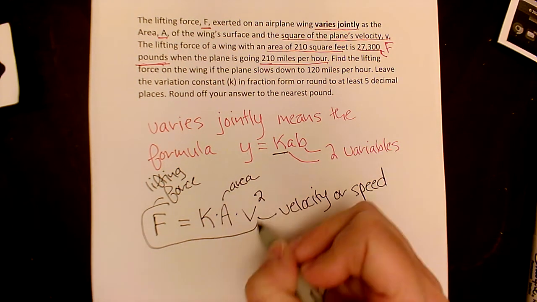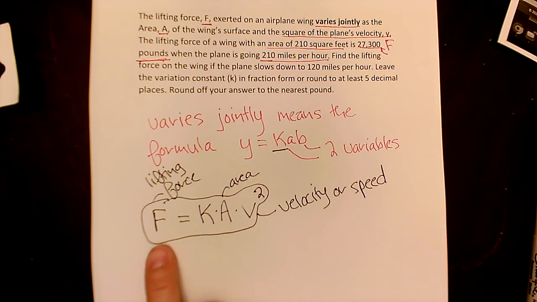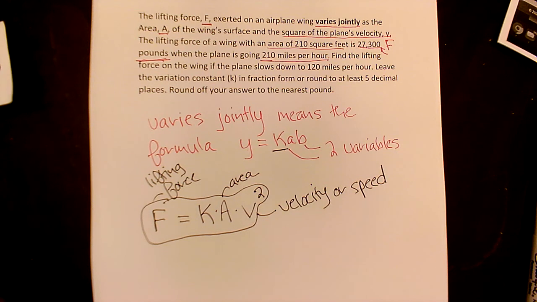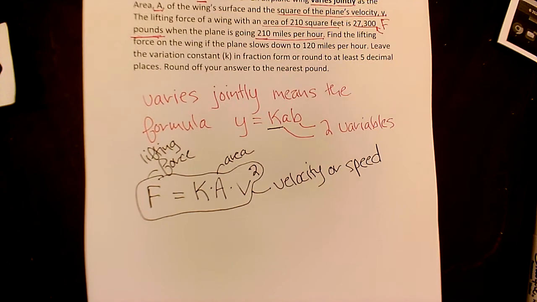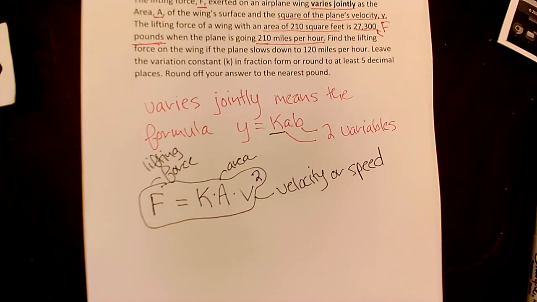So here is my formula that I want to use: lifting force varies jointly as the area of the wing's surface and the square of the plane's velocity, which is just the speed. That's the formula we're going to use, and now we're going to plug in what we know.